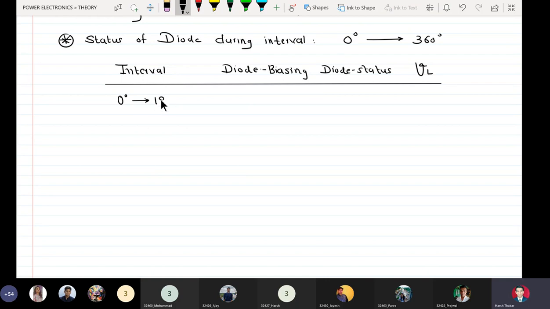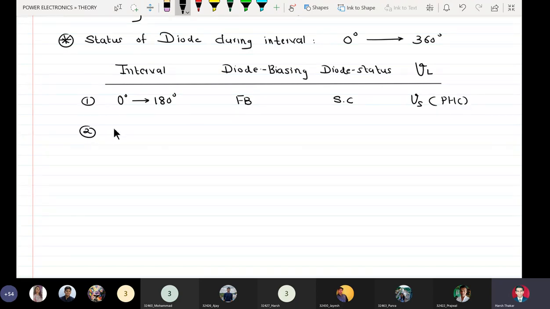Zero degrees to 180 degrees, diode biasing is forward bias, status is short circuit, and VL is equal to VS, but it is positive half cycle.